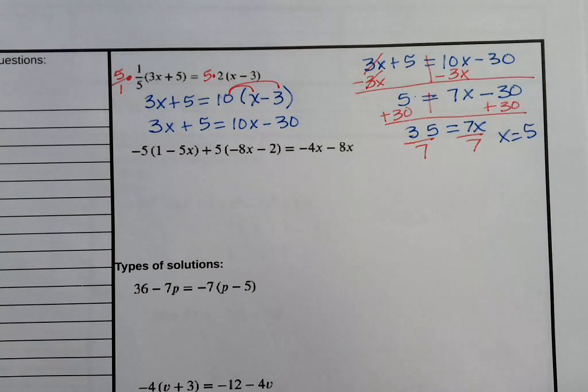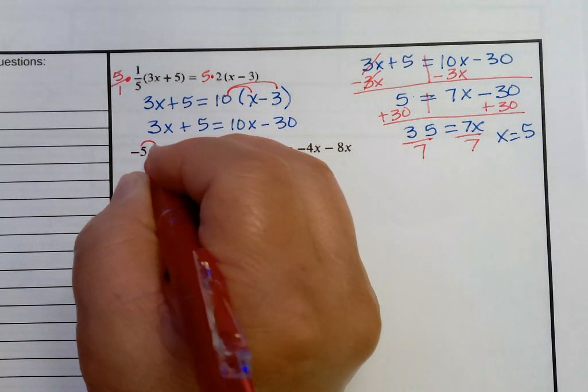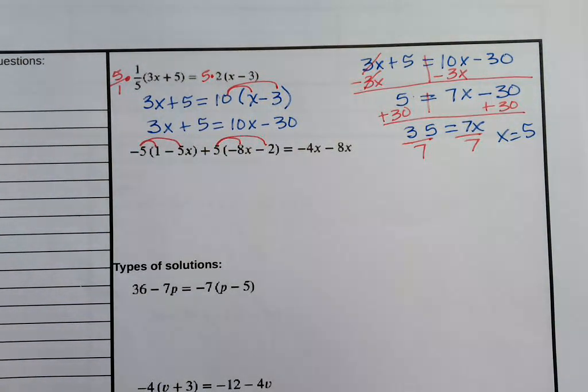Okay, so what do we do first on this one? Can we simplify anything in parentheses? Okay, so let's distribute because we can't. We distribute all the way across.